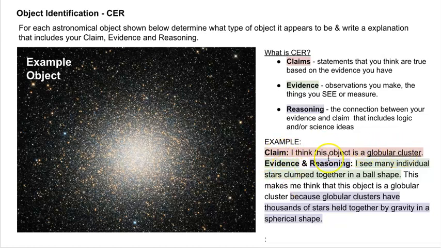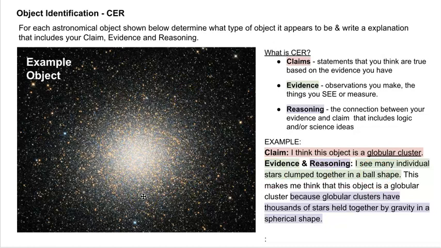And then my evidence and reasoning I have combined together. That's because sometimes you might say some evidence and then connect to some reasoning, something you know about globular clusters or galaxies or comets, and you might go back and forth. But I say that I see many individual stars clumped together in a ball shape. That's what I'm describing from the picture.